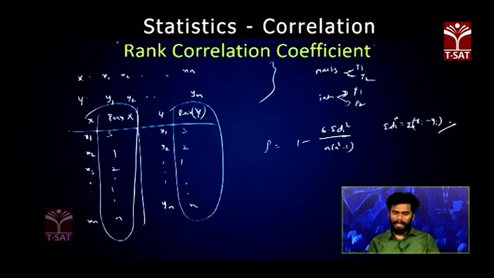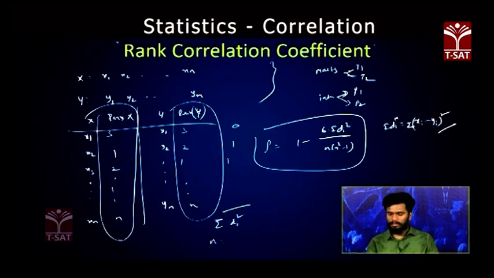Deviation of ranks, for example, 3 minus 3 is 0, 1 minus 2 is 1, 2 minus 1 is 1. So we take the deviations, square them, and add them, where n is the total number of observations. This is the formula for the rank correlation coefficient.